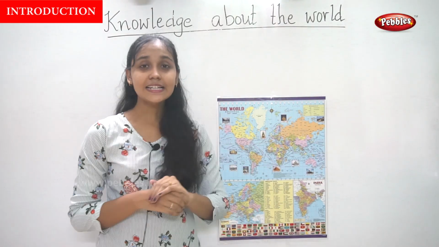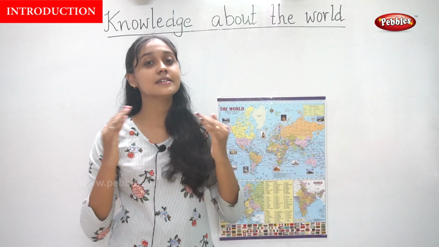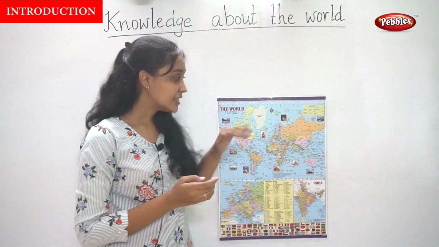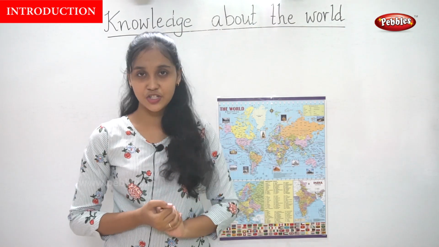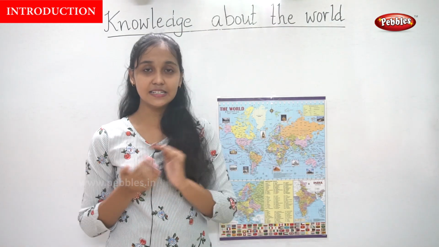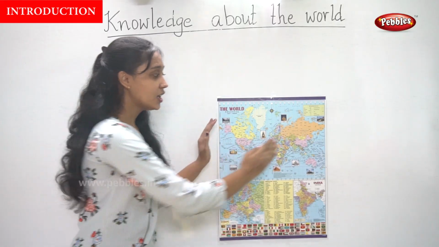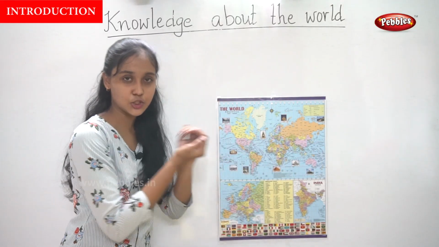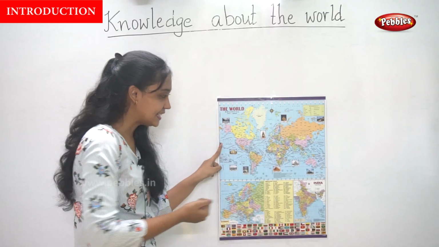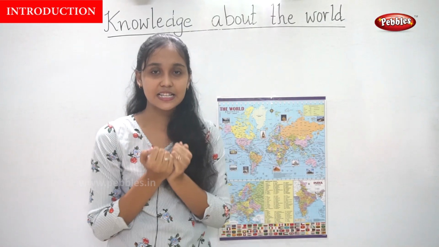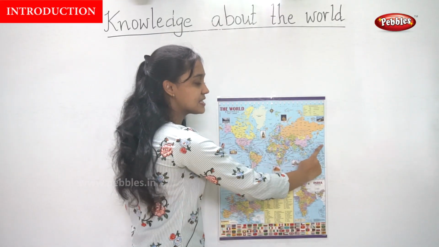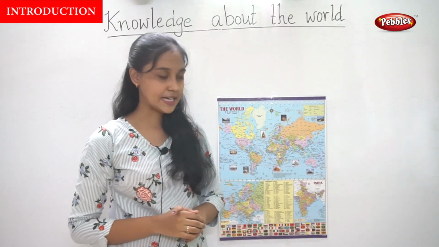So you know that our Earth is a sphere. And this map is a representation, that is a 2-dimensional representation of that sphere. So when we fold this into a sphere, you will see that these points touch each other. They will join. That's why we have the Pacific Ocean on both sides.